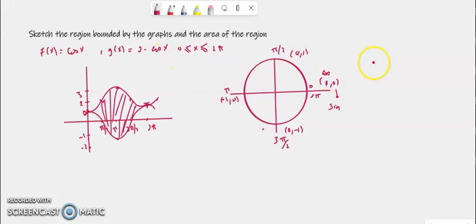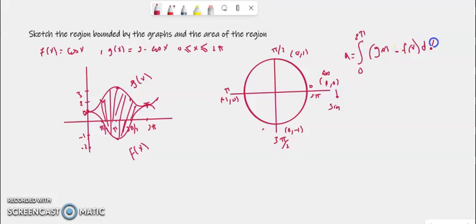My area equals the integration from 0 to 2 pi of the top minus the bottom. This function here is g of x, and this one is f of x. So it will be g of x minus f of x.